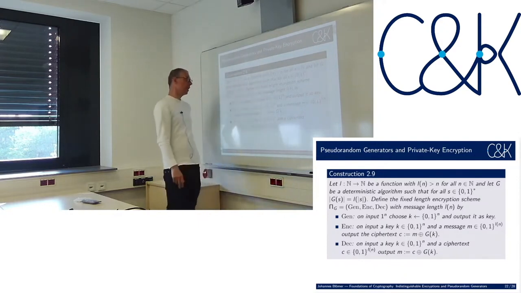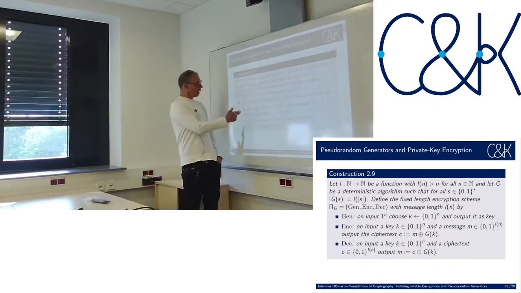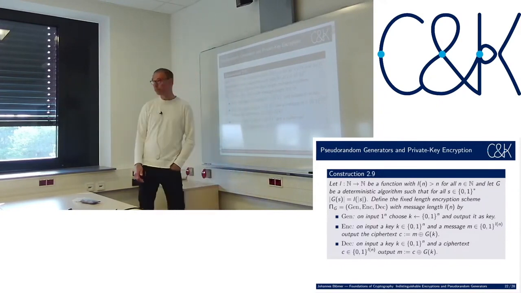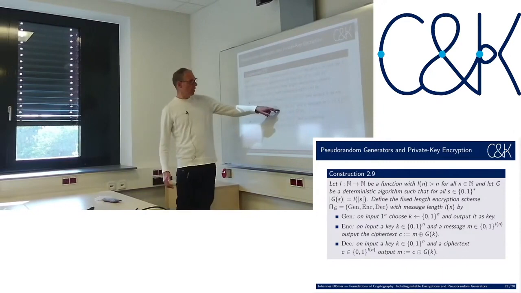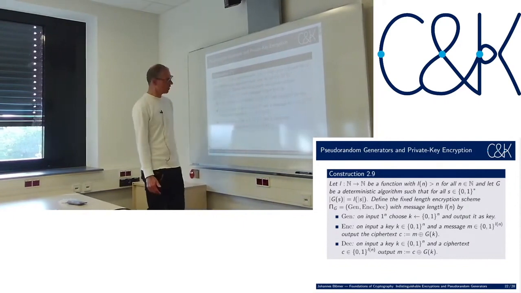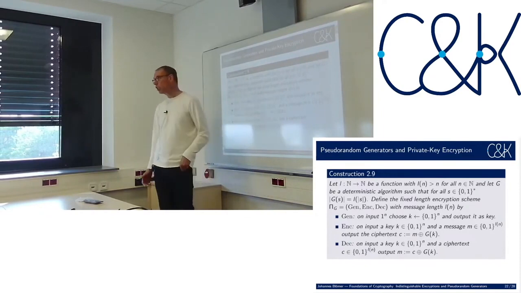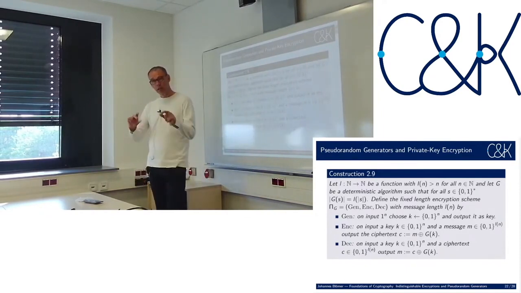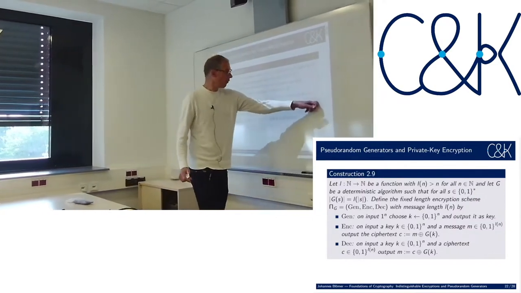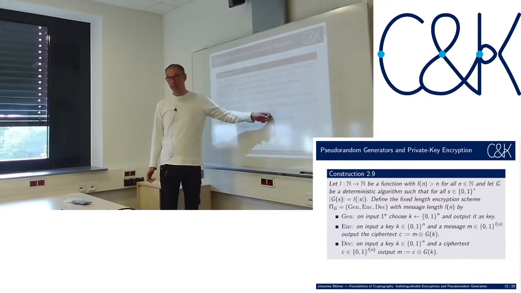We define the fixed length encryption scheme Pi_G with message length L of n as follows. Gen on input 1^n chooses the key k uniformly at random. Enc on input a key k in {0,1}^n and a message m in {0,1}^L(n) outputs the ciphertext c as m XOR G of k. This is a bitwise XOR, and it makes sense because G of k is also of length L of n.